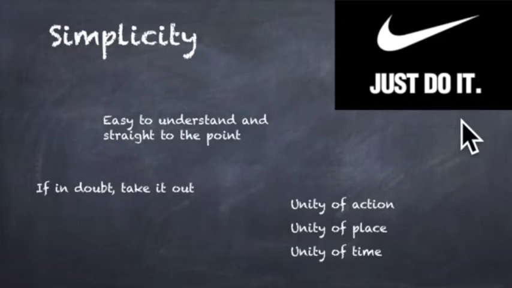And next one is unity of time. According to Aristotle, a story should take place in less than 24 hours, which could work for a short story or flash fiction, but nowadays in novels, the timeline stretches out to days and sometimes even years.